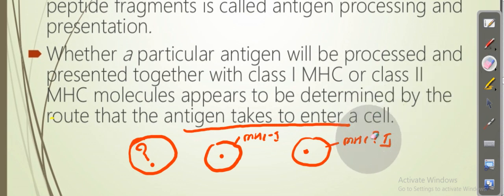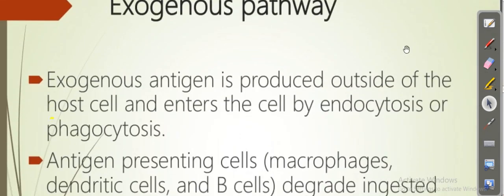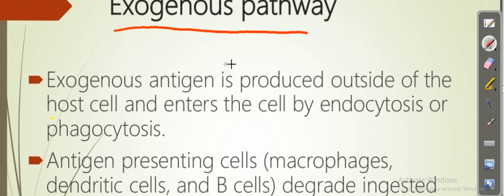There are two types of route which the antigen takes to enter the cell. The first one is the exogenous pathway. Here, suppose this is a cell, and let us make one antigen.